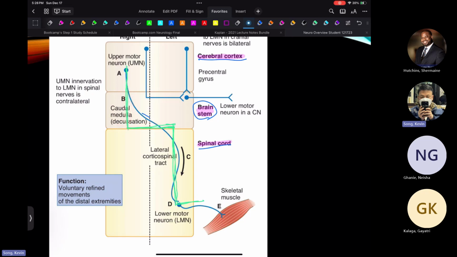And the teacher will never make a question where the lesion is somewhere before the decussation occurs. I guarantee they will never make that kind of question. Even if it's in the medulla, a statement that the lesion was before the decussation will never happen.